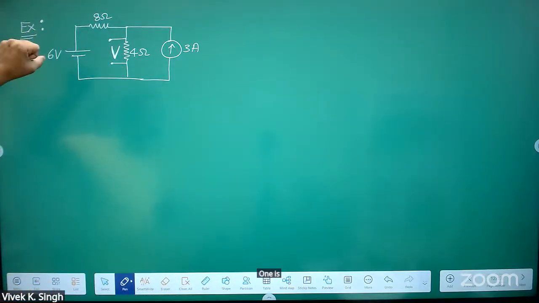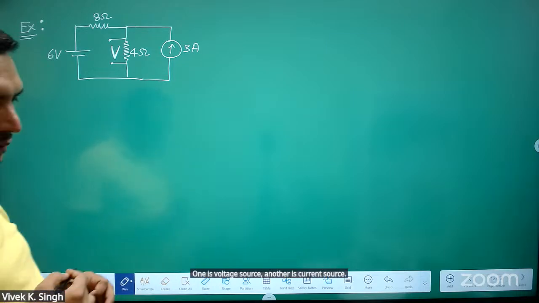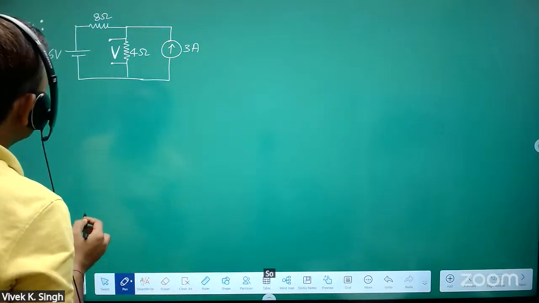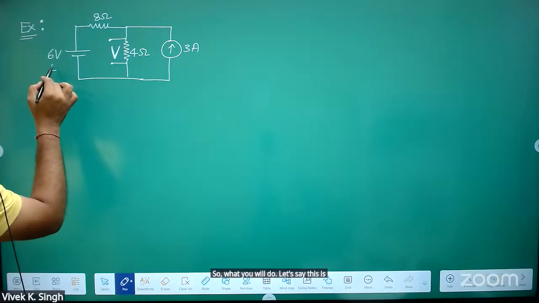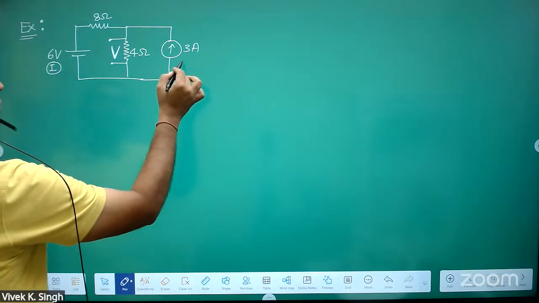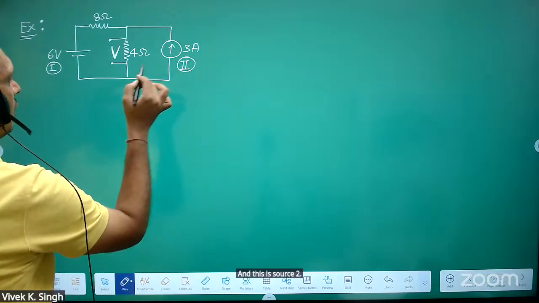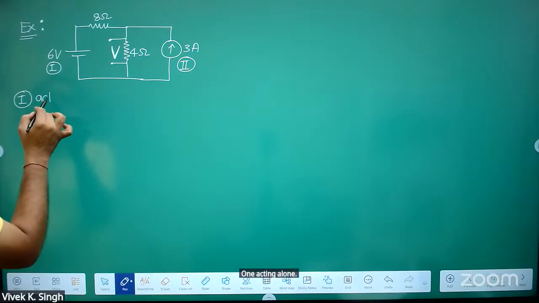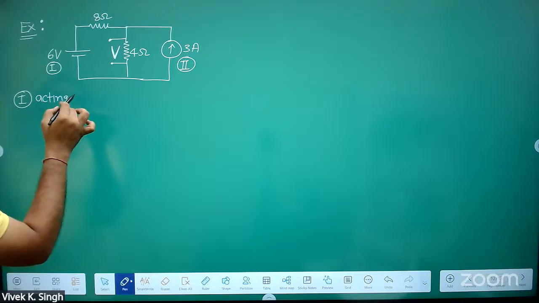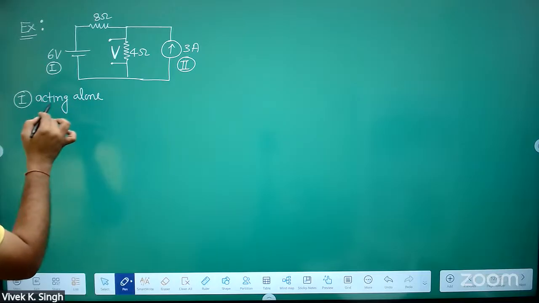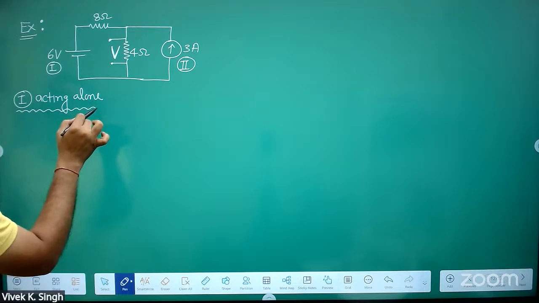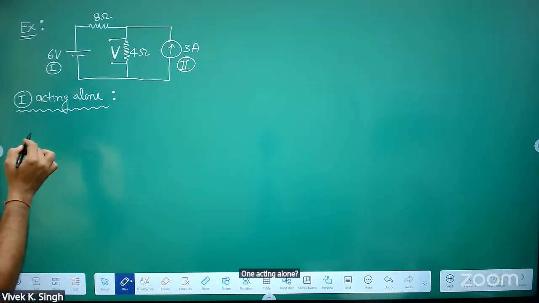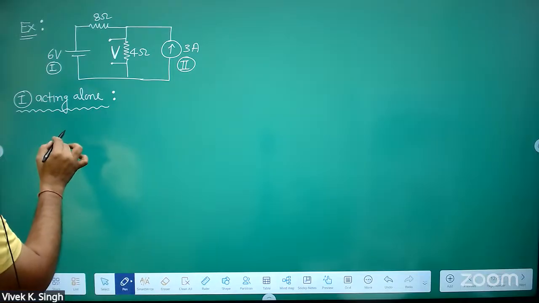One is a voltage source, another is a current source. So what you will do, let's say this is source 1 and this is source 2. So you will find one acting alone, and the other source will be turned off.